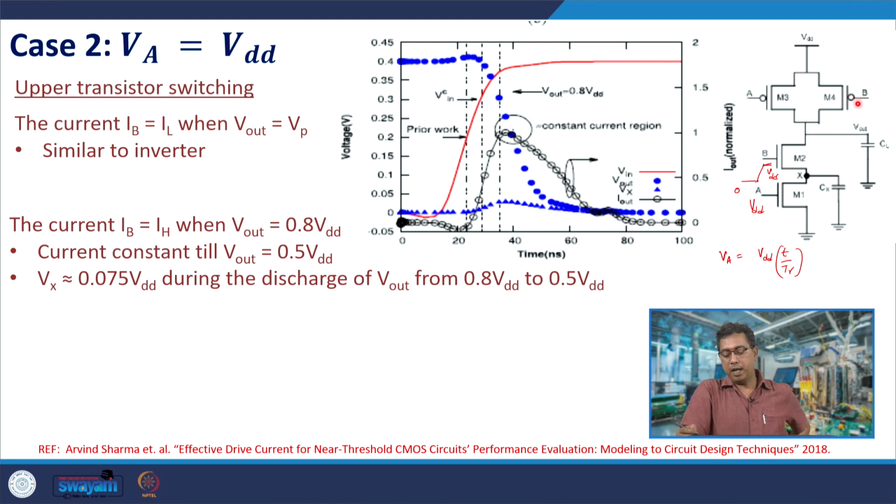But once M2 begins to discharge the output, there is a discharging current through M2, and that must also flow through M1. For it to flow through M1, node X must assume a non-zero voltage value, and therefore node X slightly rises after the output begins to discharge.